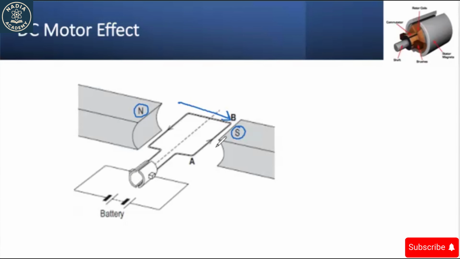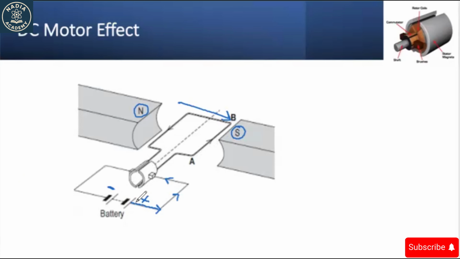We need to be careful to understand the configuration of the connection of this rectangular coil with our DC battery, where we have a negative electrode over here and a positive electrode here. So the current is flowing from positive to negative along this direction.